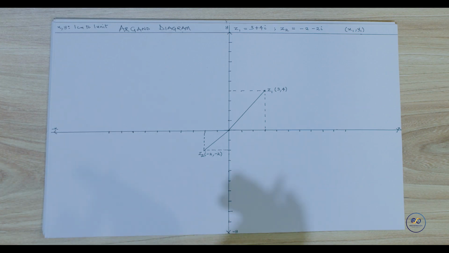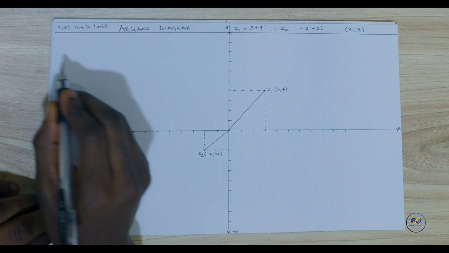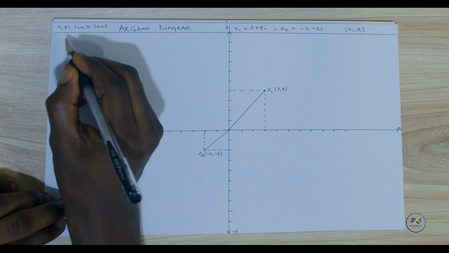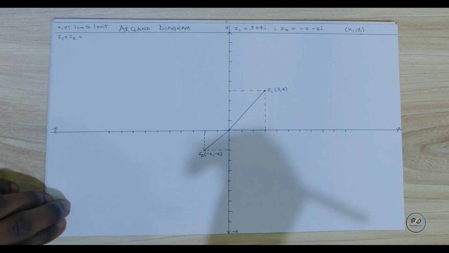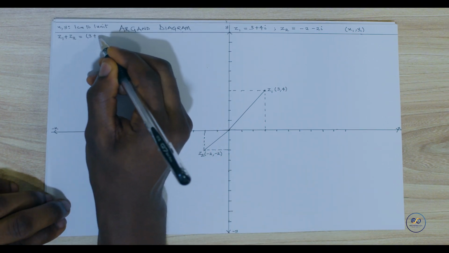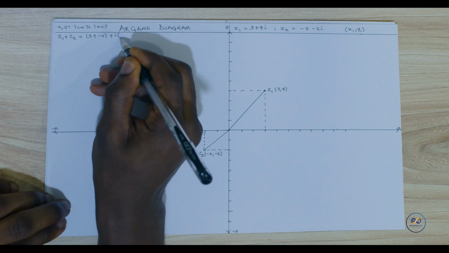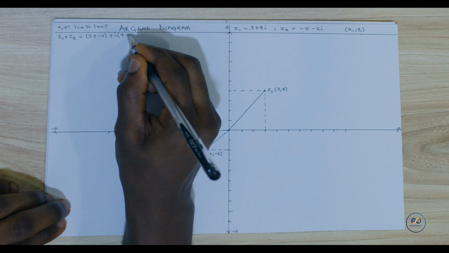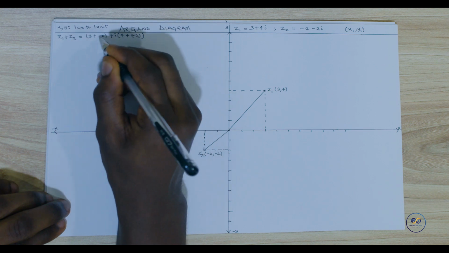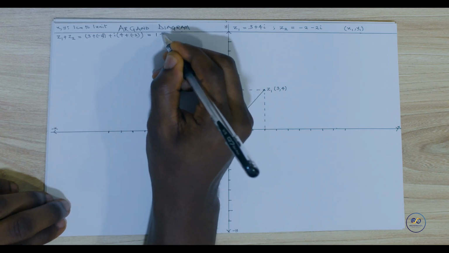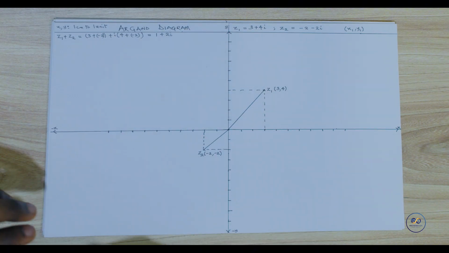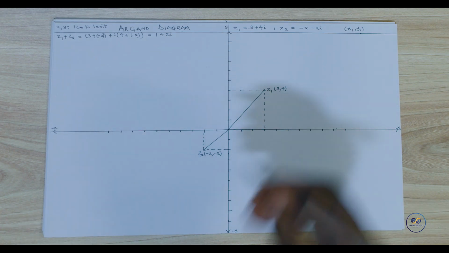For instance, for the operation Z1 + Z2, remember the addition is done part-wise, so the real part adds to the real part: 3 + (-2), then plus i times the imaginary parts, 4 + (-2). The final result would be 1 + 2i.